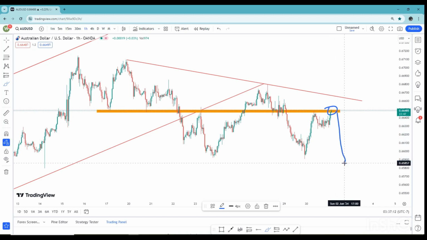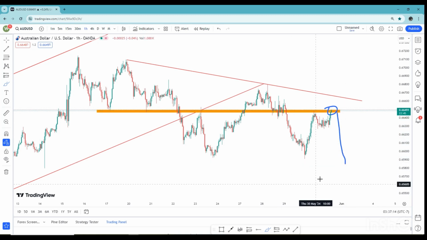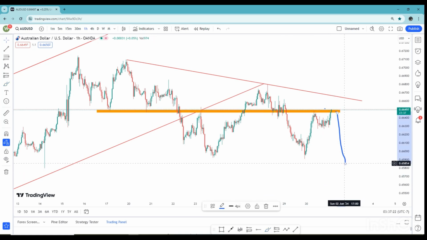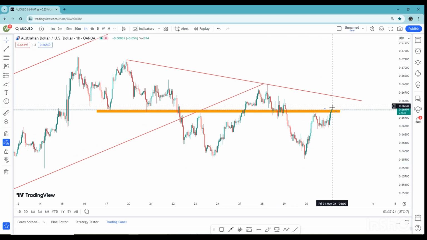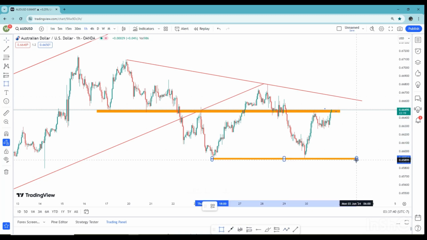But right now what I see seems like the market is trying to come over here to give us some retouch of the trend line, then we're gonna have some drop. And as you can see here, we also had a double bottom right here, which is this one.